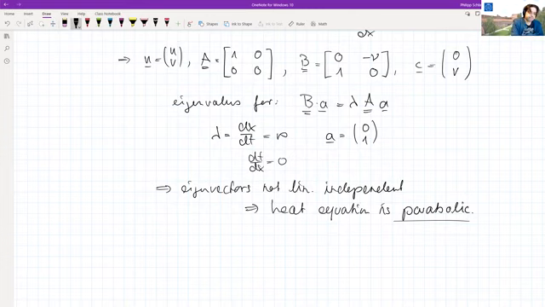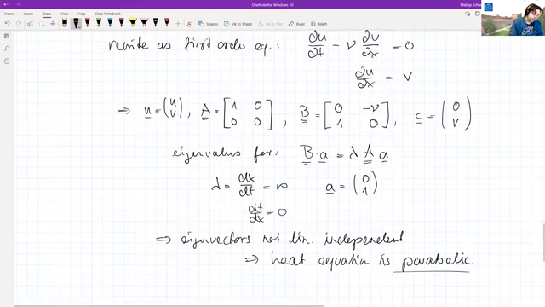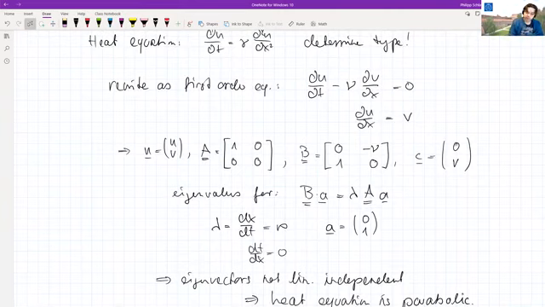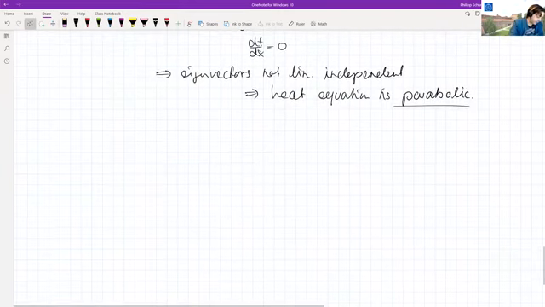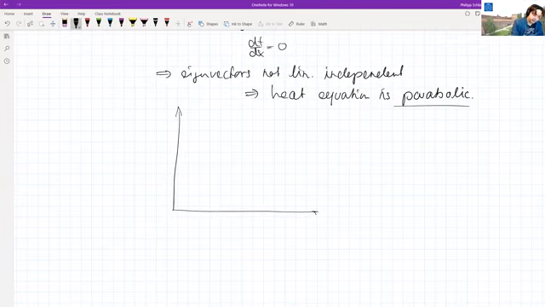Okay, so if you now try to make a sketch of how the information propagates also in a parabolic case, we do our typical space-time diagrams, but now for the parabolic equation. So you have x and t, and we consider here a domain like this.